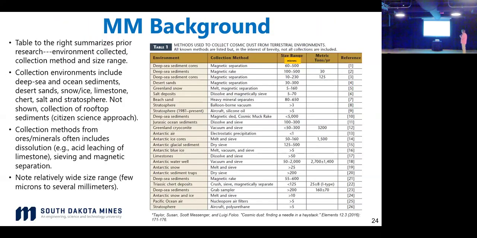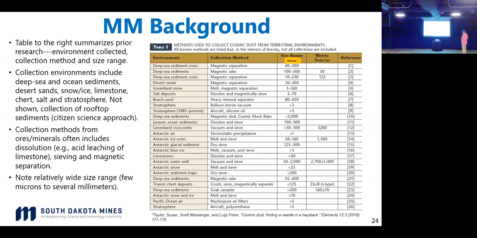This is a summary table of micrometeorites that people have reported in different locations. A lot of them are deep sea environments, or they'll be in sands. A lot of them come from ice in the Antarctic or the Arctic, where they melt away the ice and look for the micrometeorites. You can see the size. They're quite variable in size, but most of them are pretty small.